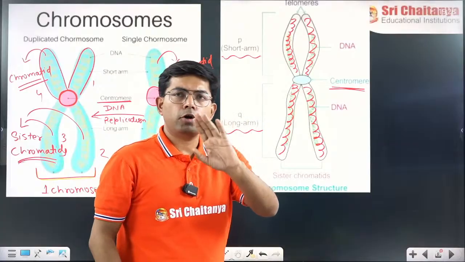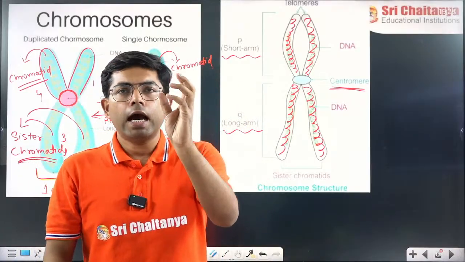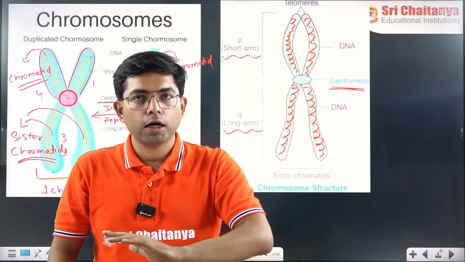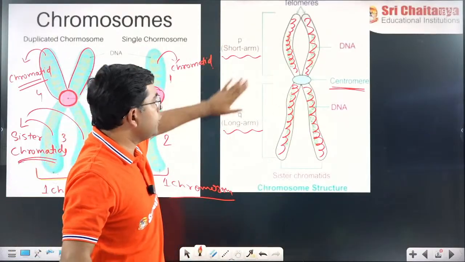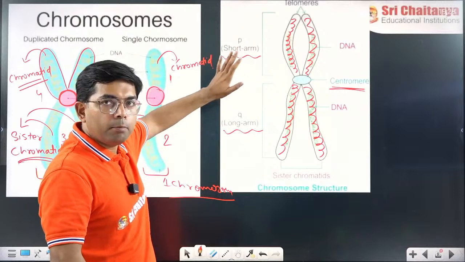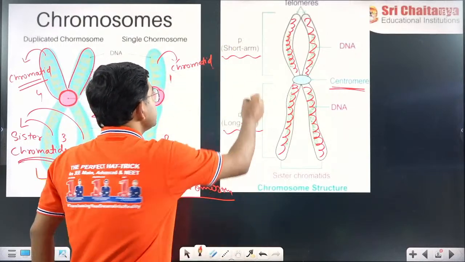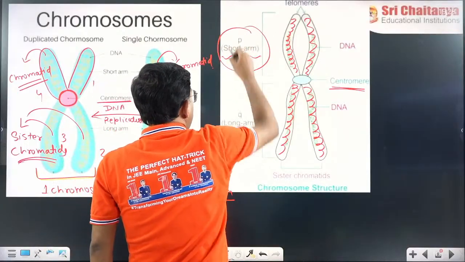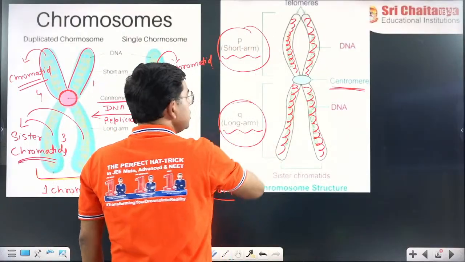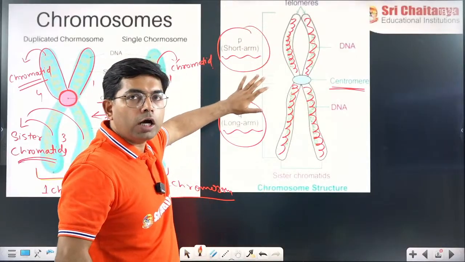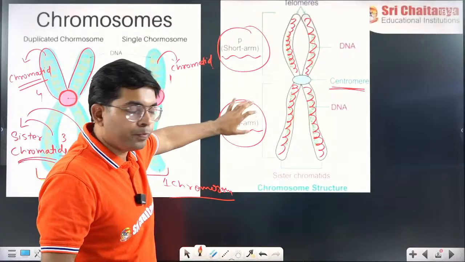Many times the arm lengths are equal also, then there is no short and no long arm, and the P and Q values will be the same. But in general, when the length is different, the short arm is called P and the long arm is called Q.